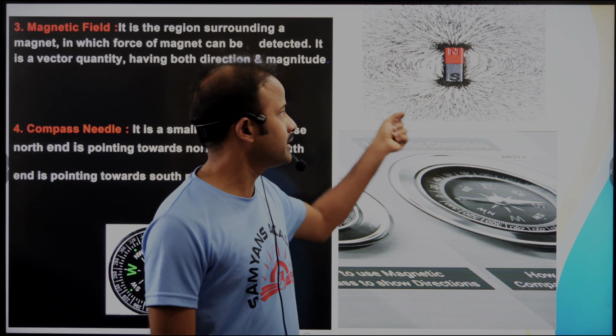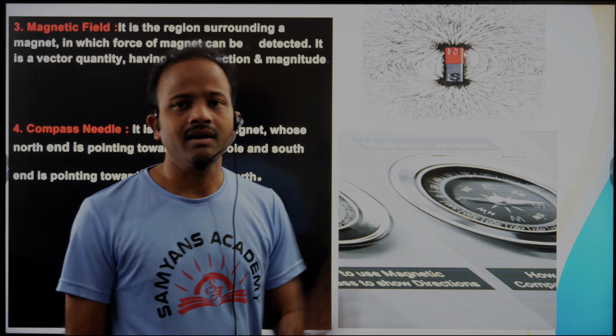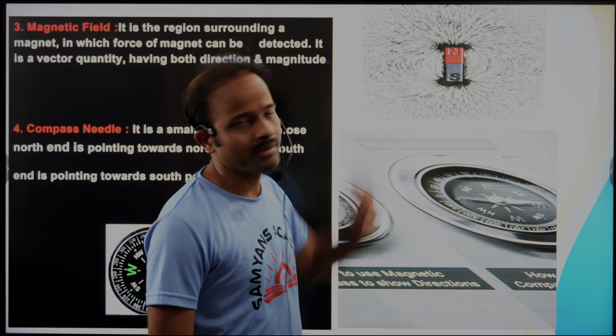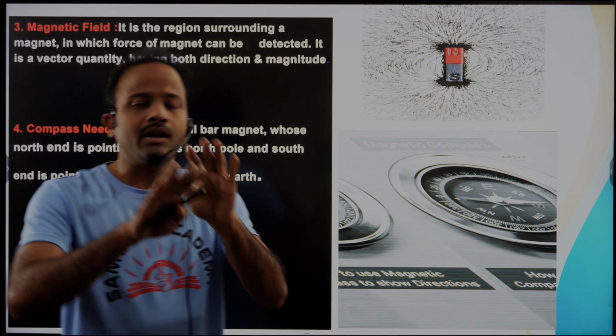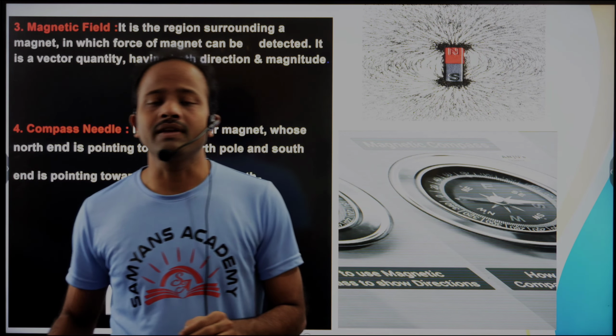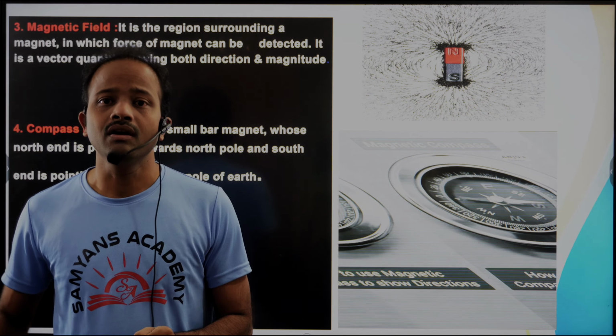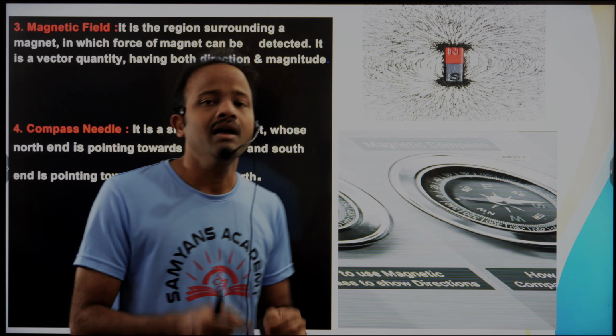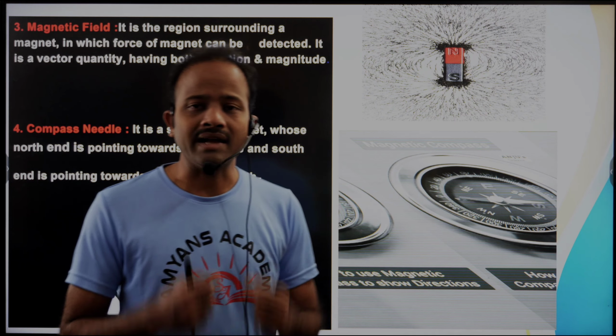When you take an iron nail nearer to this region, it gets attracted towards the bar magnet. The region around the magnet where we can experience the force of attraction of the magnet, we call that region the magnetic field.